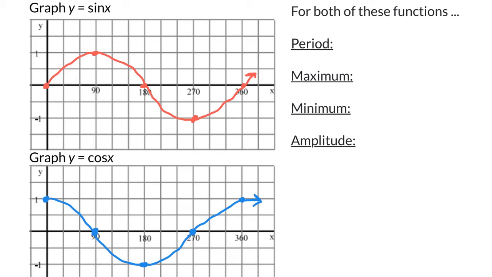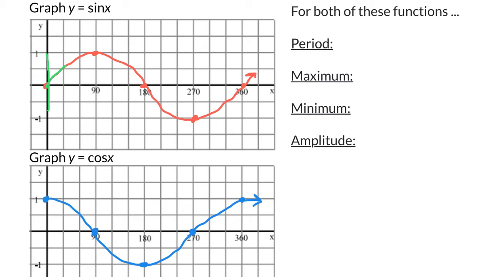The period refers to the length of one complete cycle. If I look at my sine curve, I'm starting when x is 0, and to find the length of one cycle, I need to figure out how long it takes before this pattern starts to repeat again. So starting at x equals 0, I can see that the curve starts to go up.